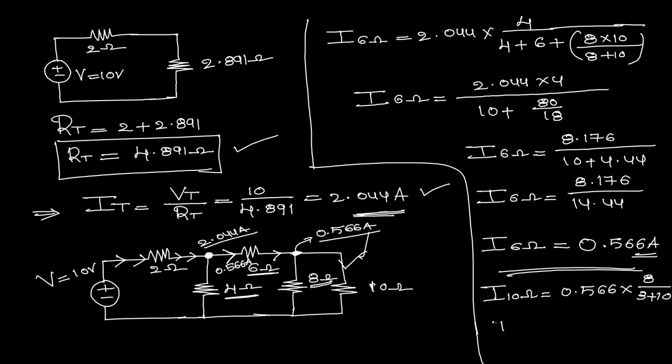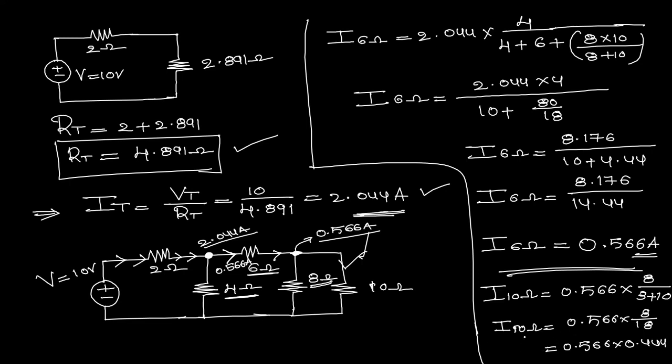Now if you simplify this, you will get 0.566 into 8 divided by 18. Here 8 divided by 18 means the value 0.444.